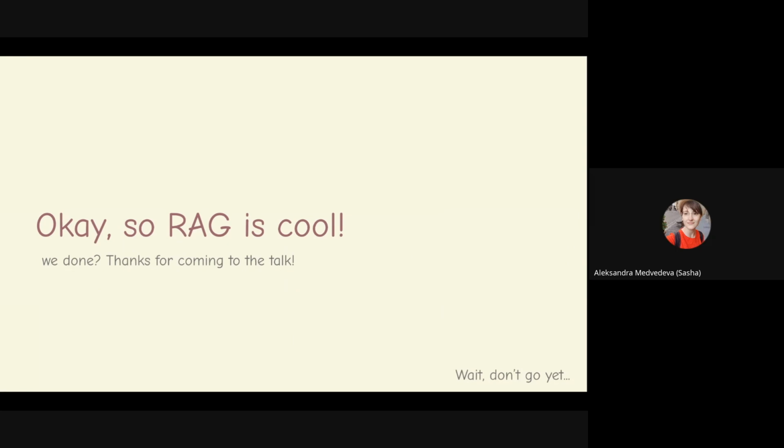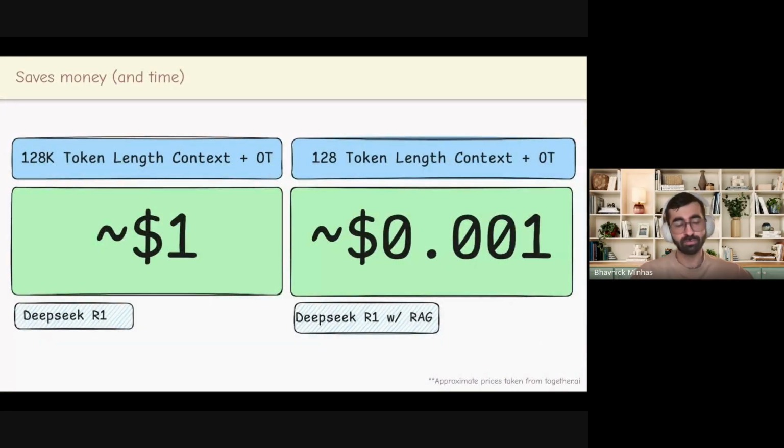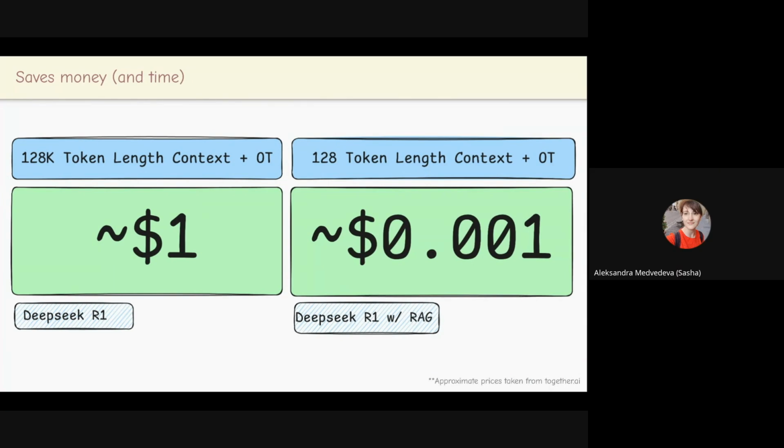Excuse me, can I ask a question about the previous slide? Sure. Thank you very much. I didn't understand, for example, DeepSeek R1 plus RAG. I thought that we do pay for input tokens which represent RAG information, so our private source of knowledge.